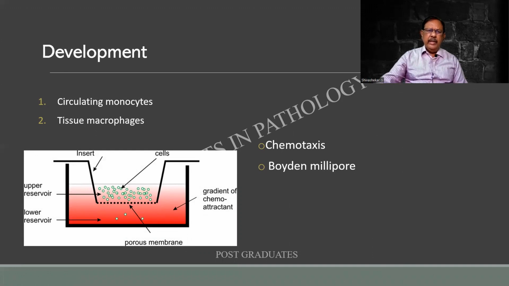It is nothing but a simple filter with the cells in one compartment and the attractant in another. After some time, he found that all of the cells have moved to the second chamber, and that is the Boyden's millipore chamber, which has been very useful in the demonstration of chemotaxis and later on phagocytosis.